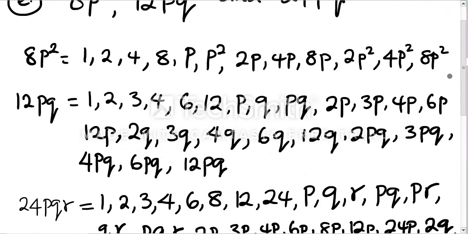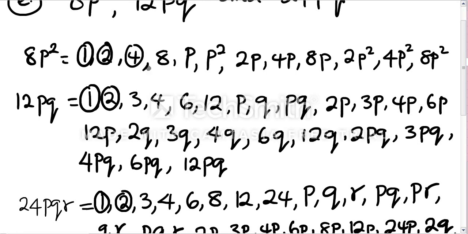So 1 is said to be common, 2 is said to be common, is 4 common? Yes. 4 is said to be common, 3 is not common, is 8 common? 8 is not common, 6 is not common. Is p common? Yes, p is said to be common, and p squared is not common.